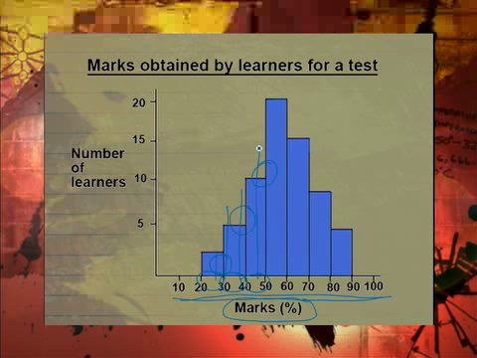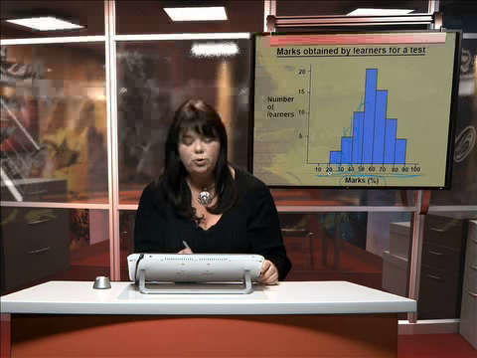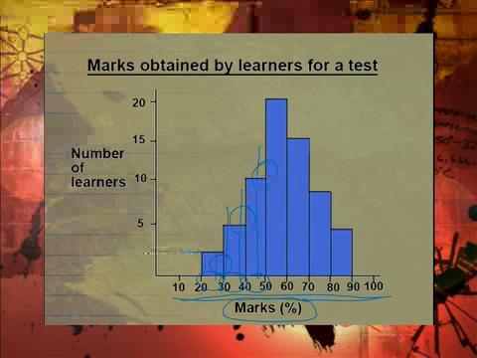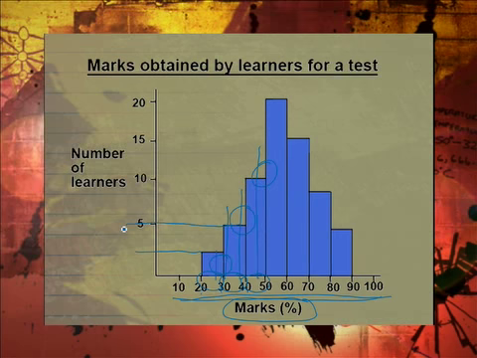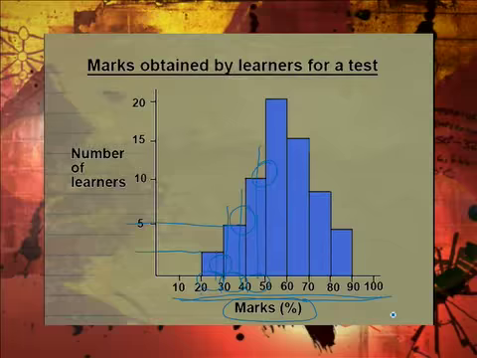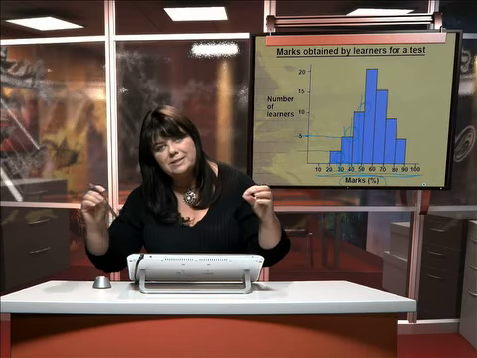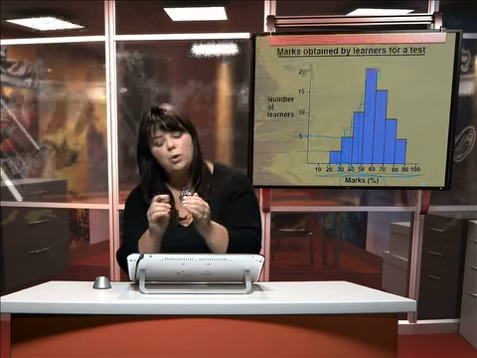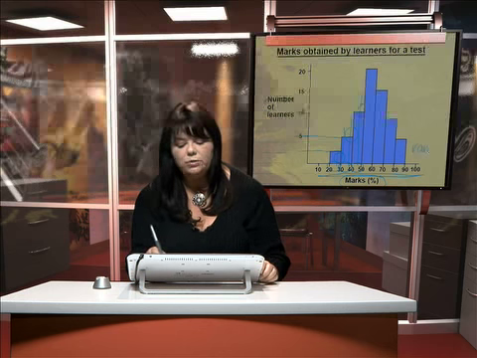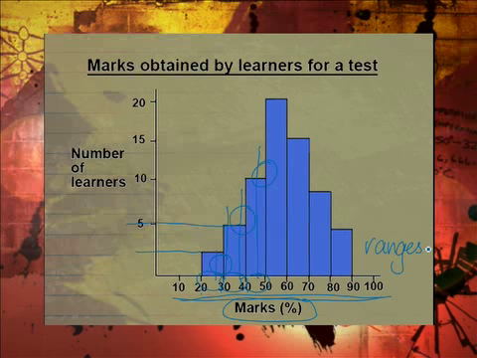We're taking groups of learners. We're saying all the learners that got between 20 and 30%, well, there were probably about 2 of those learners. How many learners got between 30 and 40%? Well, there were about 5 of those learners. And we put the continuous data into groups, or the word that we use is we put them into ranges.